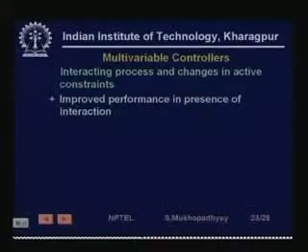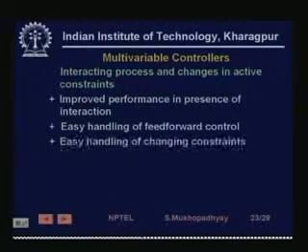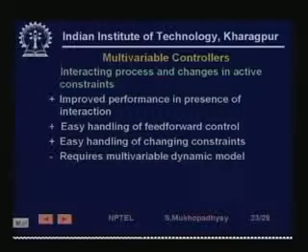They are all built into the method and handled very efficiently. So you have significantly improved performance in the presence of interaction. You have easy handling of feed forward control; again, feed forward tends to make the system multivariable. You have easy handling of changing constraints, as we have mentioned, and it requires a multivariable dynamic model.